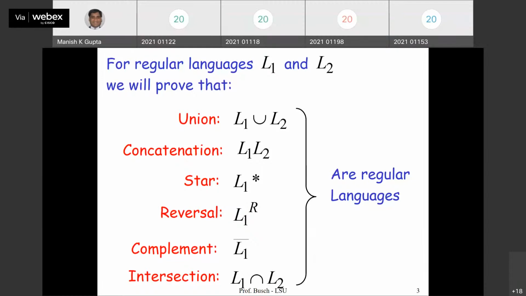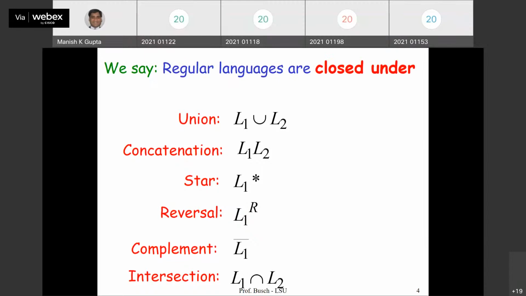I will show you the NFA for L1 star and reversal and complement. Okay. So observe, it's not very difficult, but at a conceptual level, in 5 minutes you will learn this concept. That means we say that regular languages are closed under these operations. If something is regular, the union is regular, concatenation is regular, star is regular, reversal is regular, complement is regular, and intersection is regular.